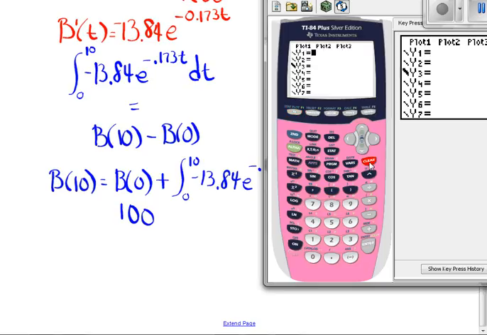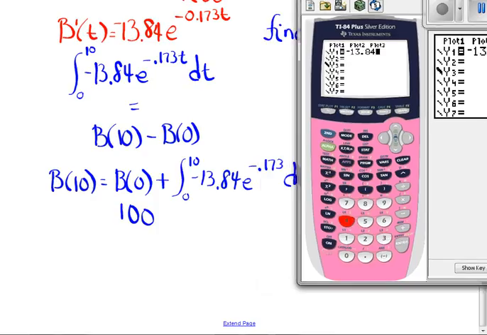So it's negative. Now here's going to be the problem. I have to have e. Where's e? There it is, second, this one. And I would put the parentheses in. I noticed that the parentheses are not there on some of the calculators, probably the 83s. You need parentheses there.